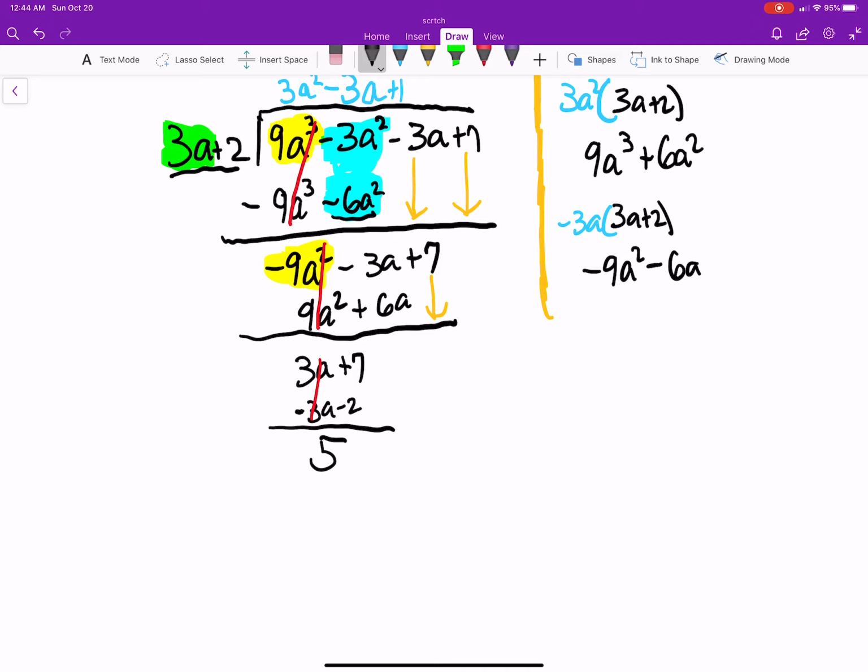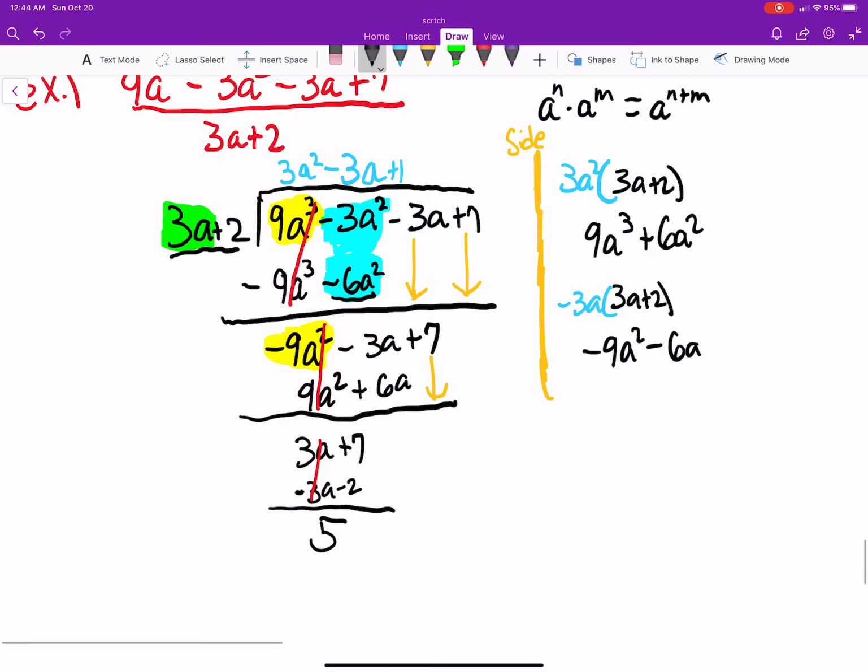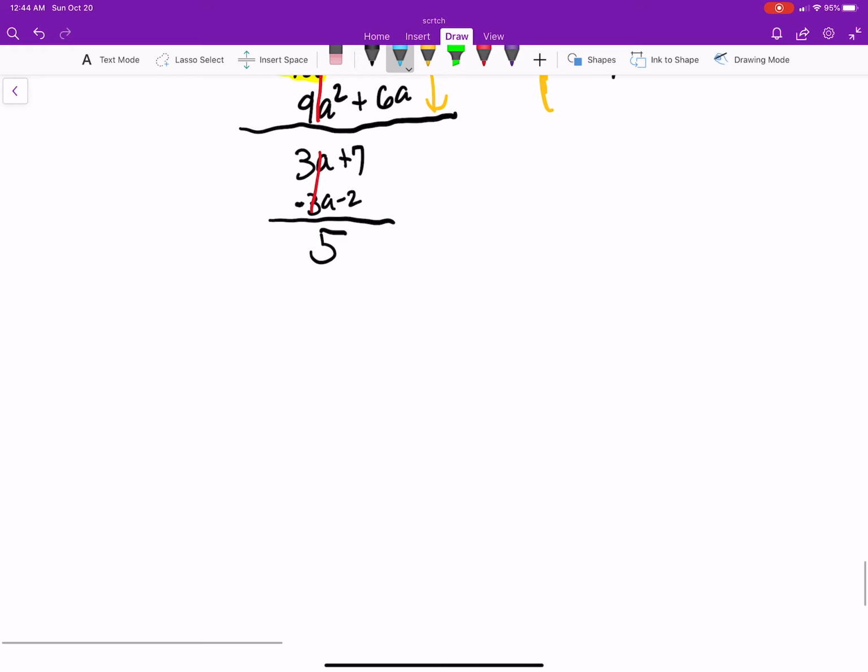Okay, so now we want to ask ourselves, can we multiply anything by 3a plus 2 to get rid of this 5 constant? And we can't, because if we multiply it, we'll have this a term if we look over here. If we multiply by some fraction to get rid of the 5, we'll be left with a. So this is as far as we can go. And the way we write the solution is like this. So in blue, because that's this part, so what's at the top, we write that down first.